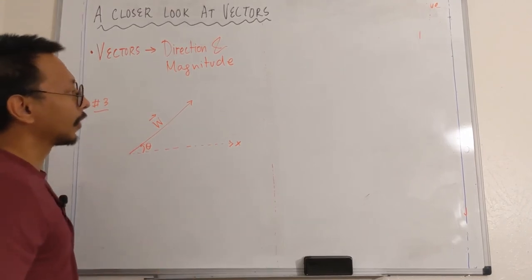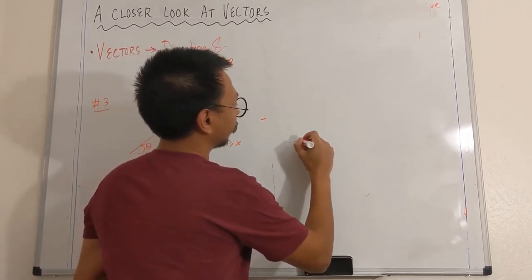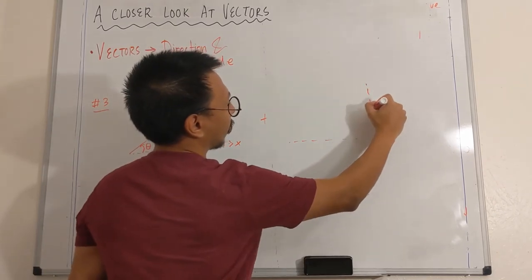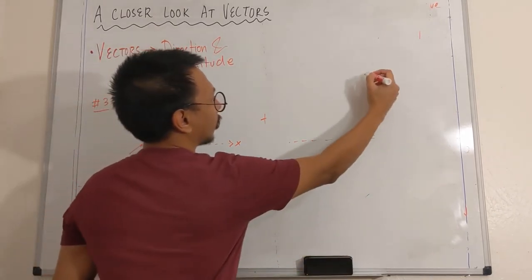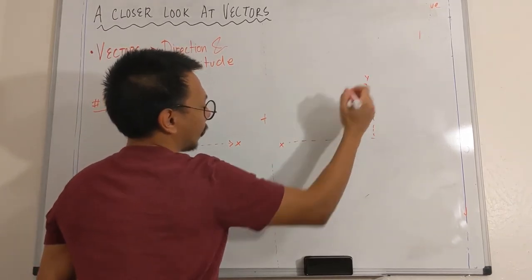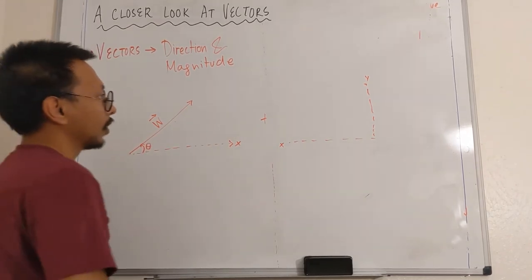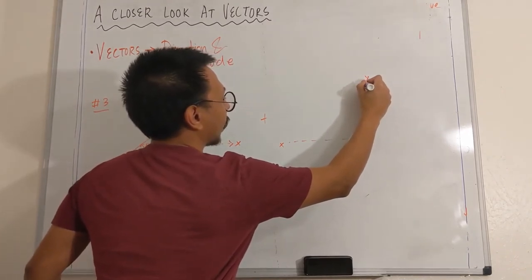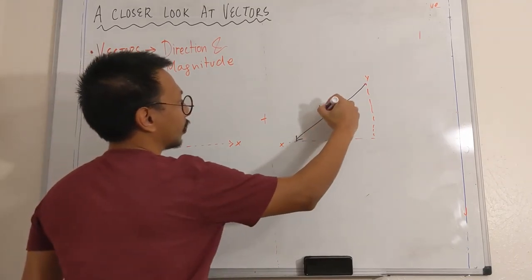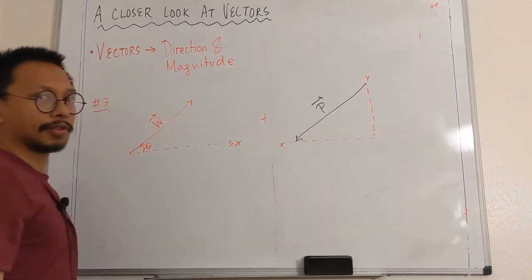So let's say we have another vector like so. This is the x direction, this is the y direction. Let's use a different color now. Let's say this new vector is pointed like this, and let's call this P, and we want to add these two vectors.